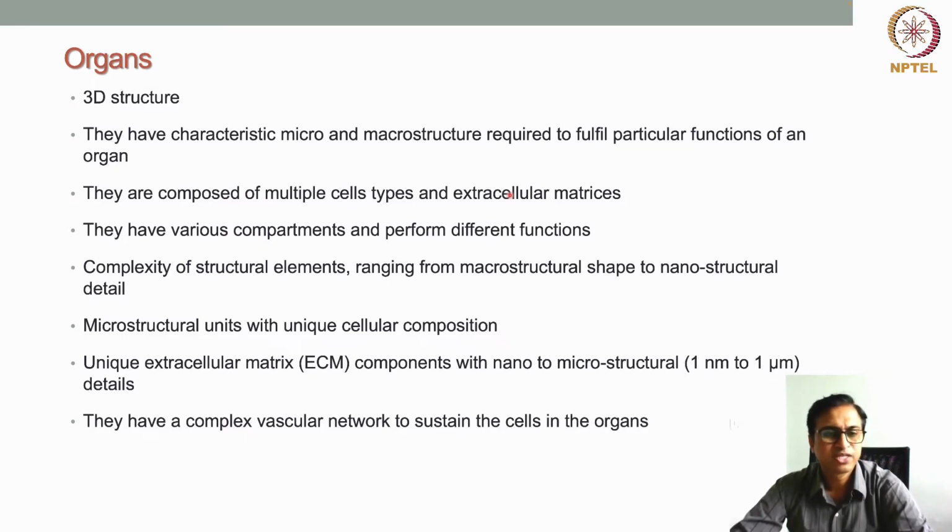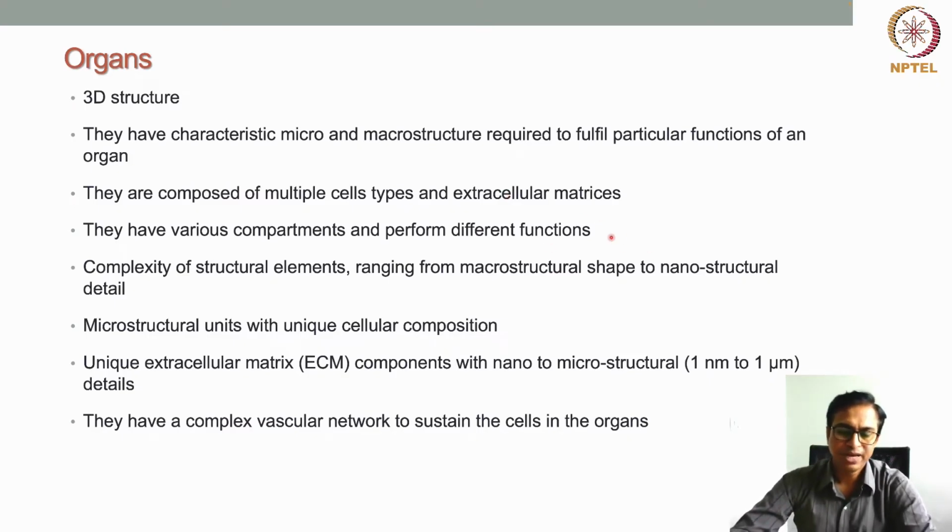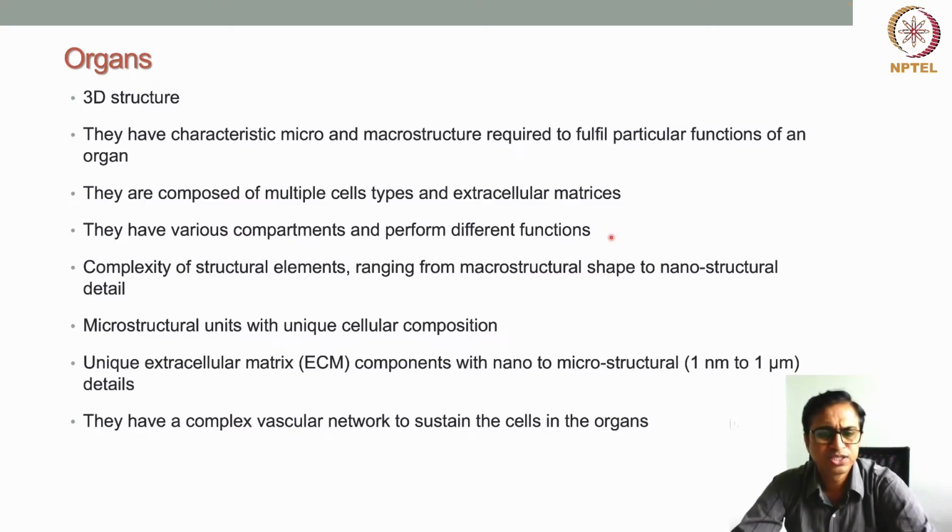Other than that, most of the organs have various compartments, and they also perform different functions. Suppose the pancreas does both exocrine and endocrine functions, but there are separate compartments to perform these functions. The exocrine functions produce different types of enzymes that help in digestion and absorption.